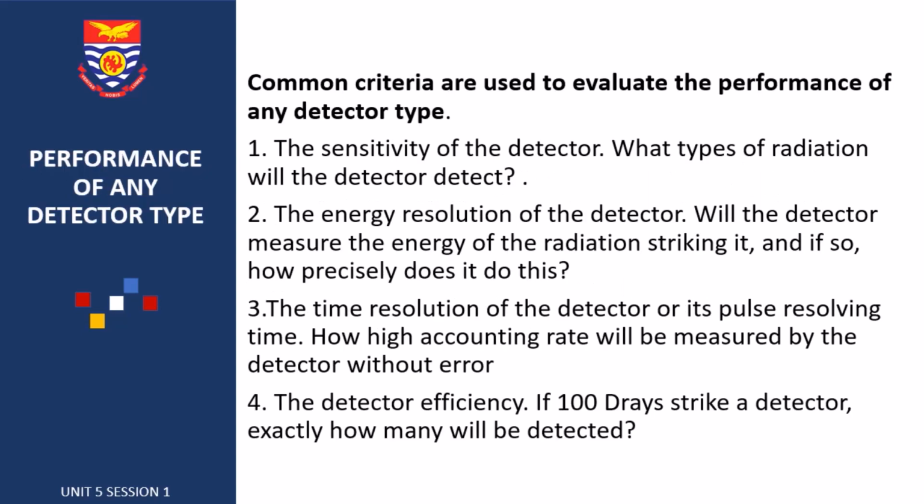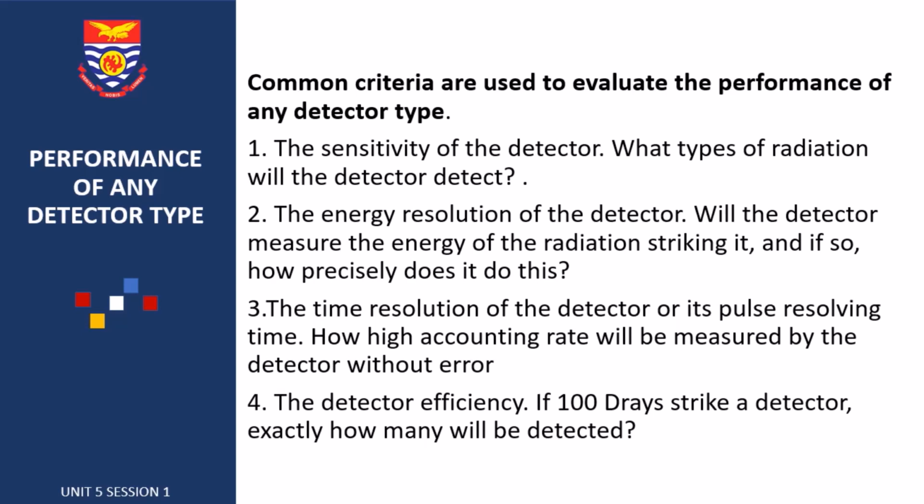Let's look at performance of any detector type. These are common criteria that are used to evaluate the performance of any detector. In order for us to measure the radiations, we need to first of all be able to detect them. And so it's very important for us to know how we can evaluate the performance of these detectors.